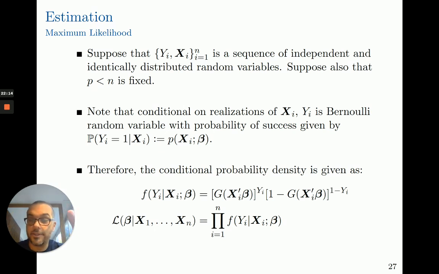This is very basic statistics. So this is the likelihood function for a Bernoulli random variable, where the probability of success is written in terms of a g function with argument x beta.